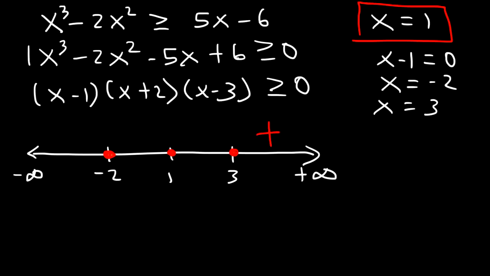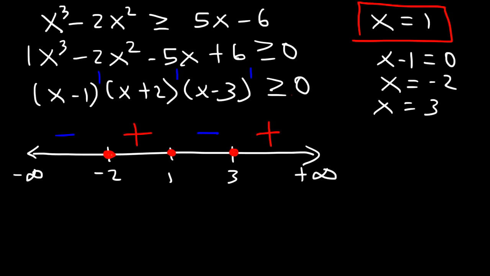Now, because the exponents for each factor is 1, the signs will change for each of them. Anytime the multiplicity is odd, meaning the exponents are odd, it will change sign across that 0. If the multiplicity is even, it will not change sign. So the next one is going to be negative, and it's just going to alternate sign.